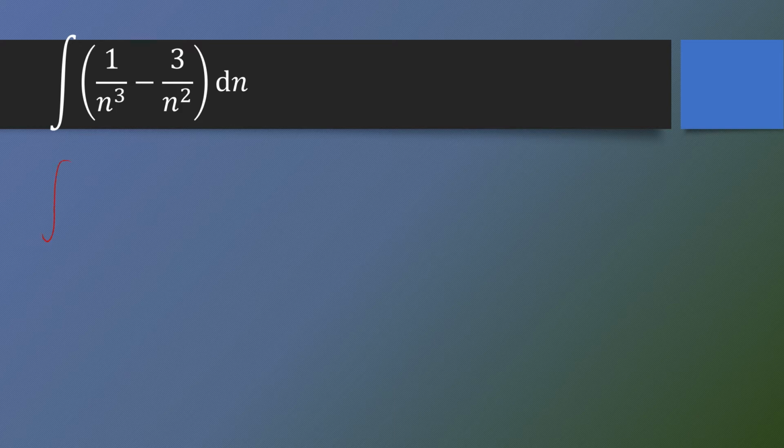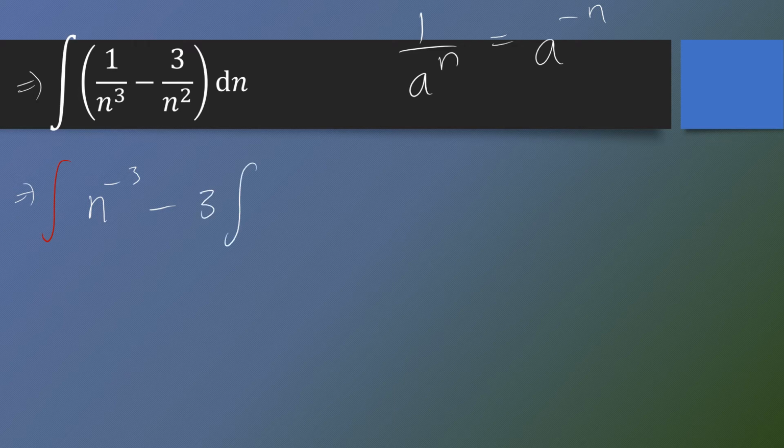Because we know that 1 over a to the power of n equals a to the power of negative n, we can write this expression as the integral of n to the power of negative 3, subtract 3 multiplied by the integral of n to the power of negative 2, all with respect to n.